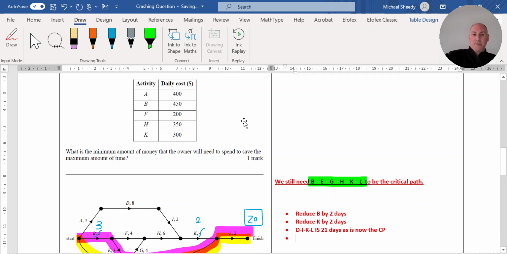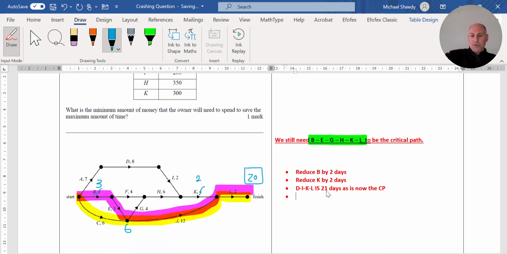So I'm going to need to make a further reduction, and it has to be activity A. So because we were at 21 days, let's just try reducing it by 1 hour and see the effect of that. We may not need to take full advantage of crashing it by 2 hours. 1 hour might be sufficient. Again, we want the cheapest, so let's go 1 hour first.